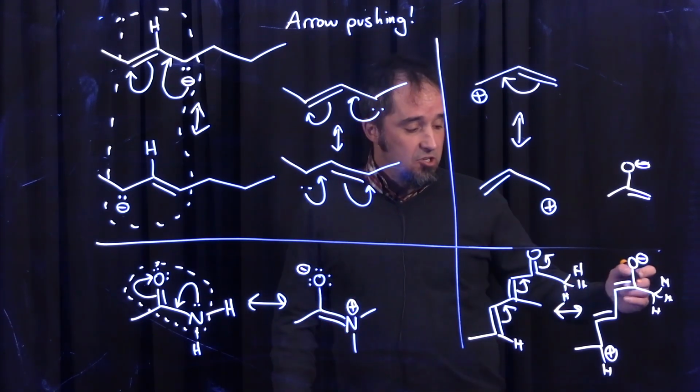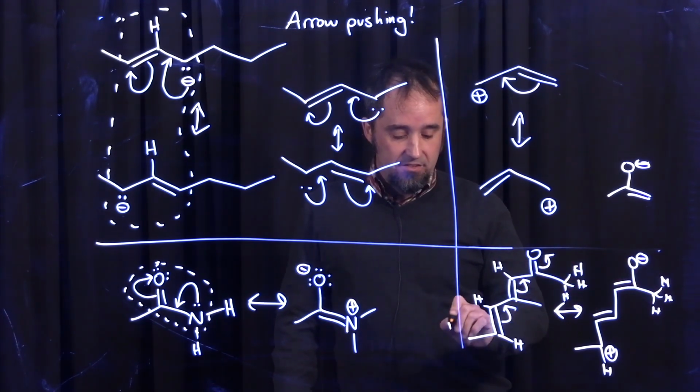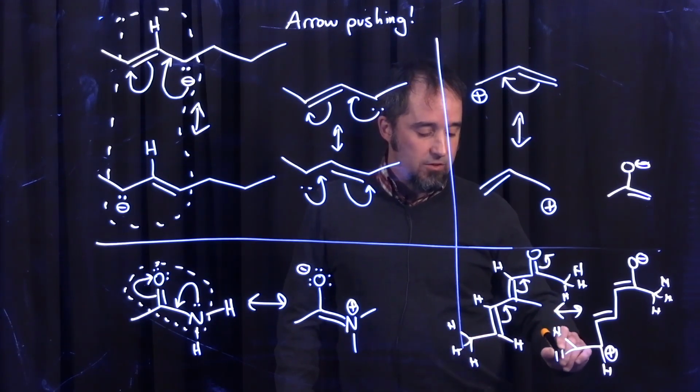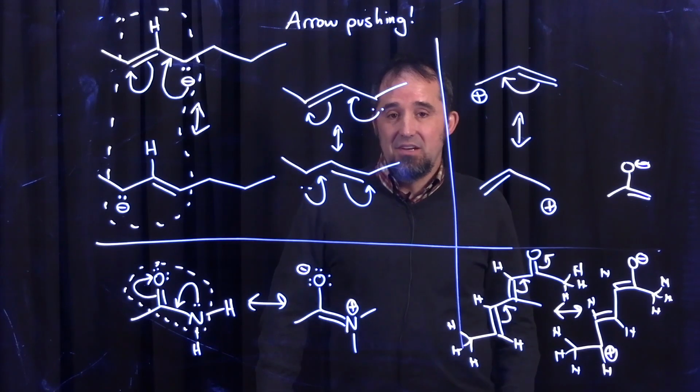So that might mean doing what I just did here and actually drawing in all the hydrogens just to convince yourself that nothing moved. I recommend doing that, especially if you're new to this.